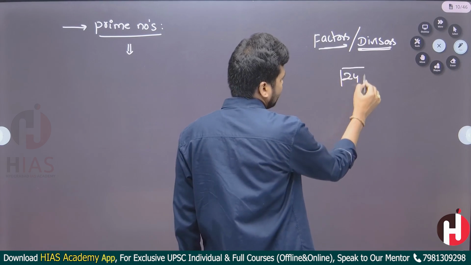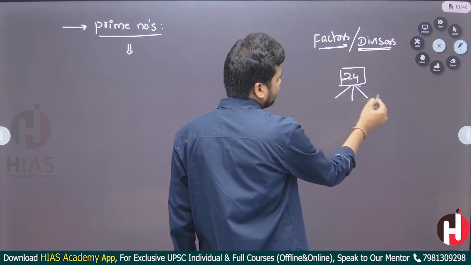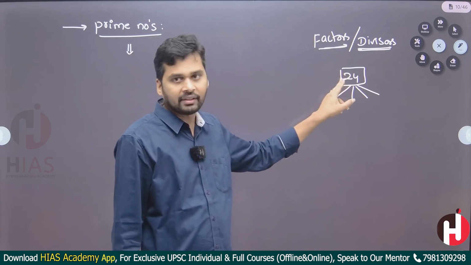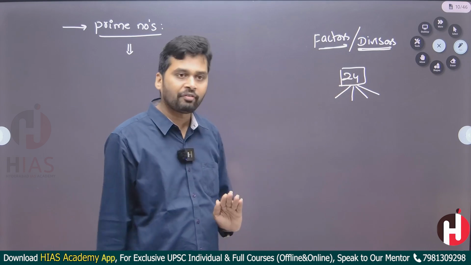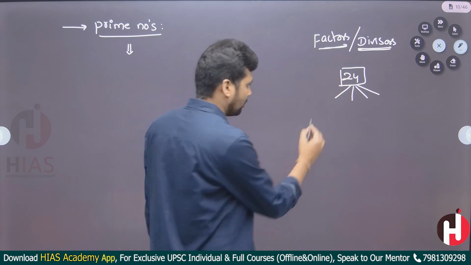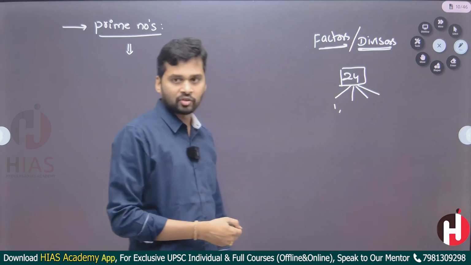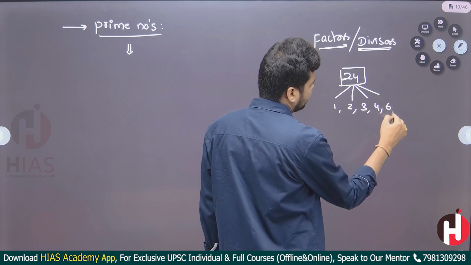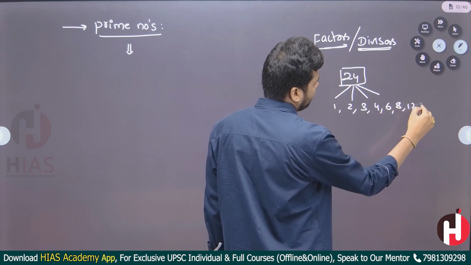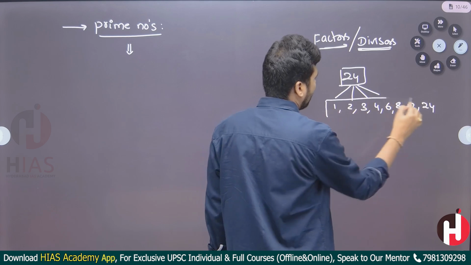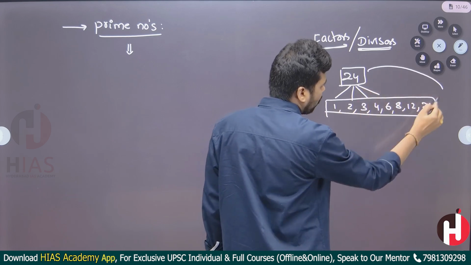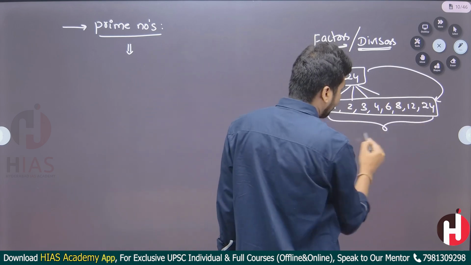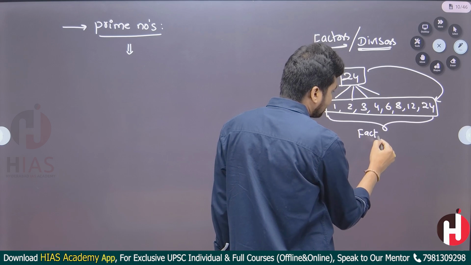If I ask you what the factors for 24 are, they are the numbers which divide it perfectly. 24 is divisible by 1, 2, 3, 4, 6, 8, 12, 24. So these are called factors or divisors.